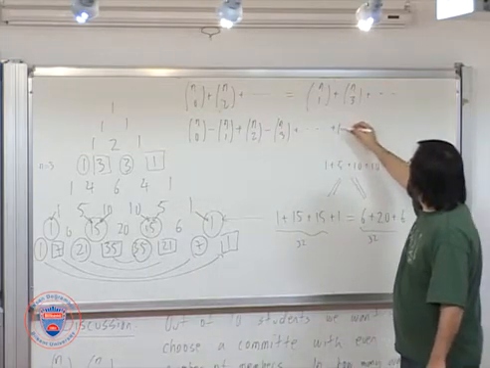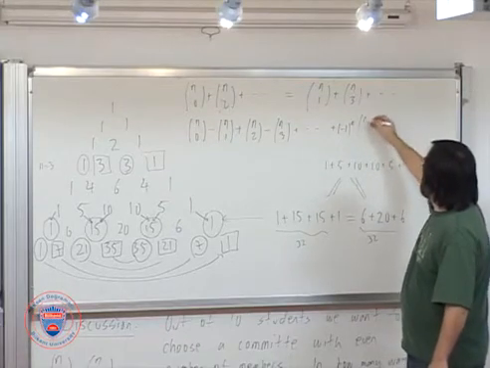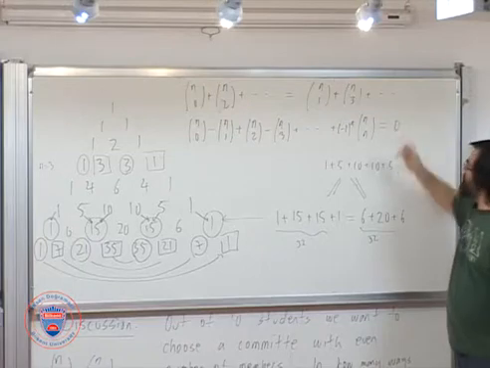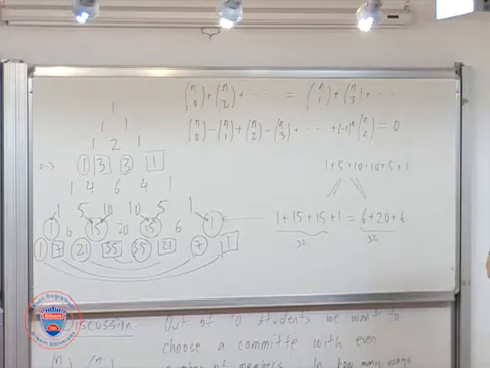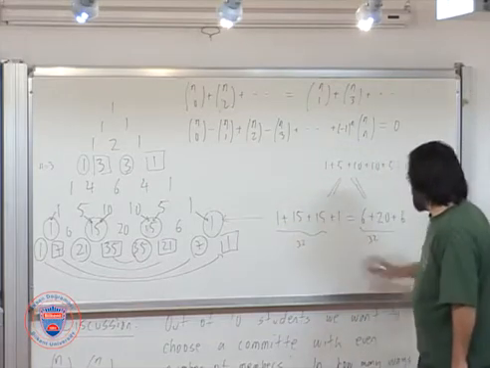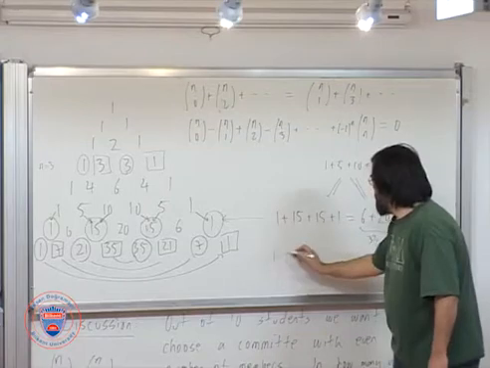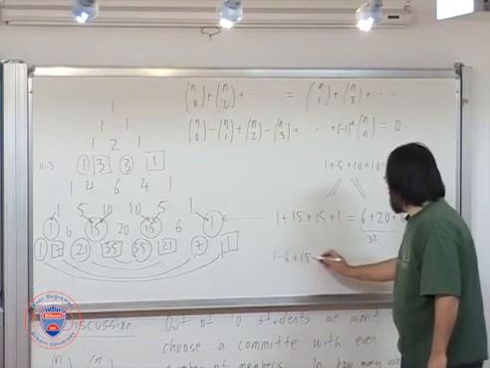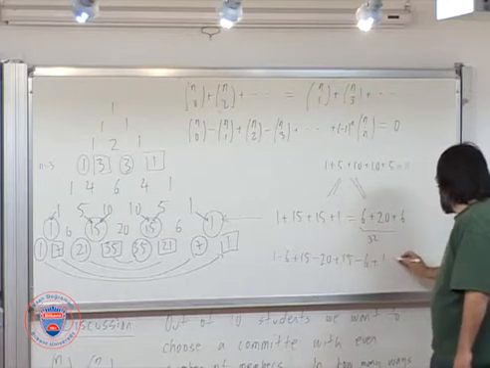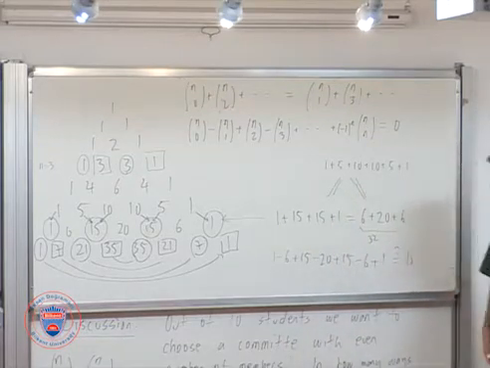So you get plus minus, whatever the nth one is. It could be plus or minus. You want to show that equals 0. So if I write in terms of this one, for example, it will be minus 6 plus 15, minus 20 plus 15, minus 6 plus 1. So you need to show this is 0.